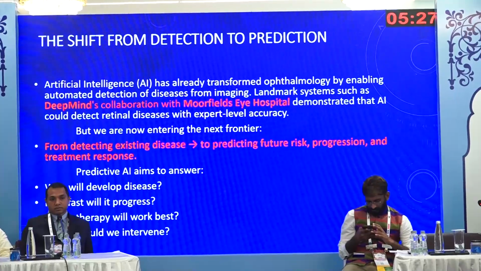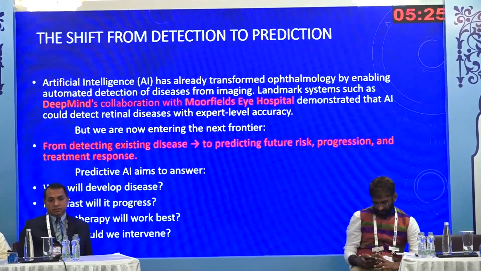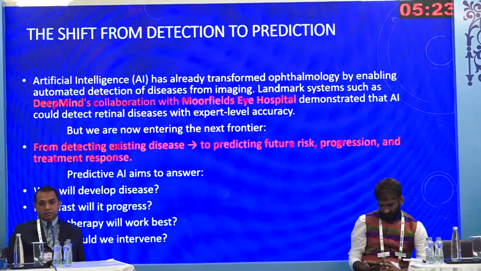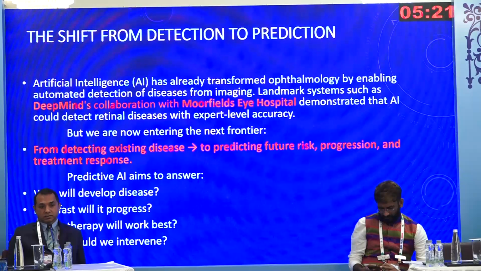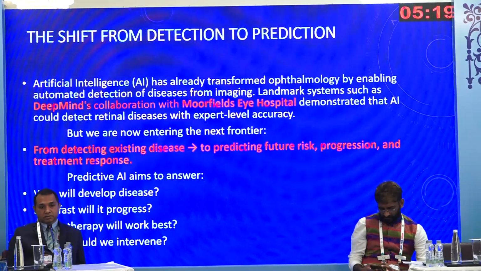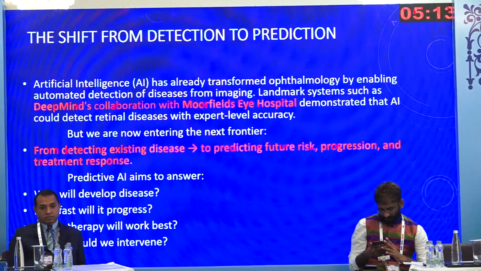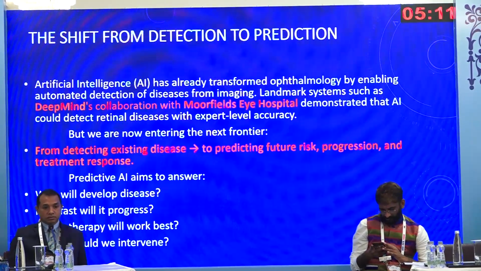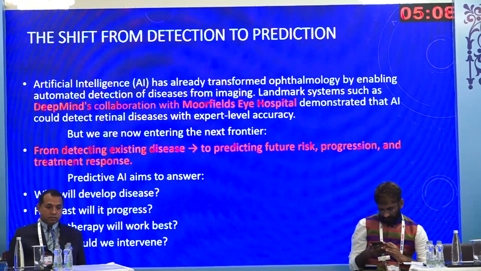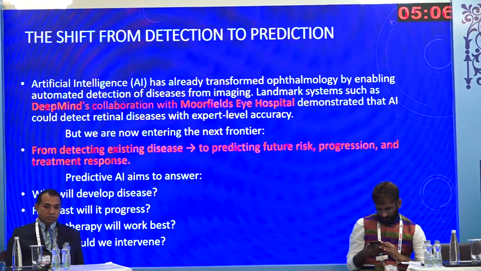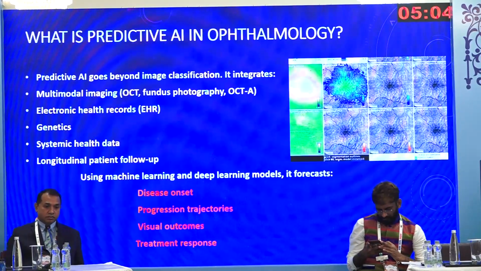But we are now entering the next frontier, from detecting existing disease to predicting future risk, progression, and treatment response. Predictive intelligence aims to answer who will develop the disease, or whether the patient will develop the disease at all, how fast it will progress or not progress, which therapy will work best, and when we need an intervention.